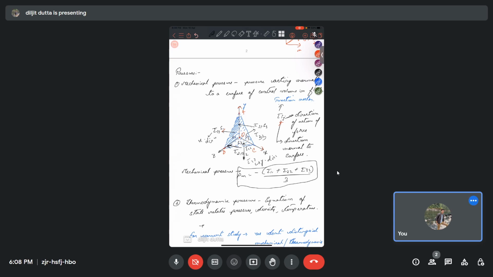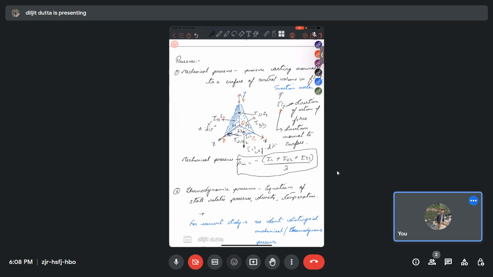Sorry, it is not about change in distance; it is because these vectors are acting in the opposite direction to our convention.